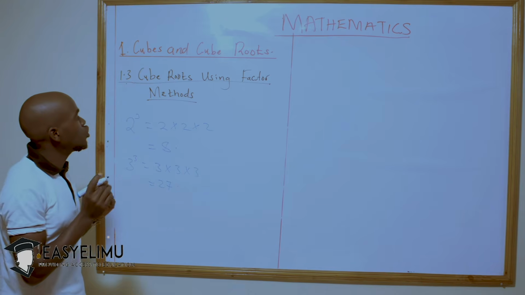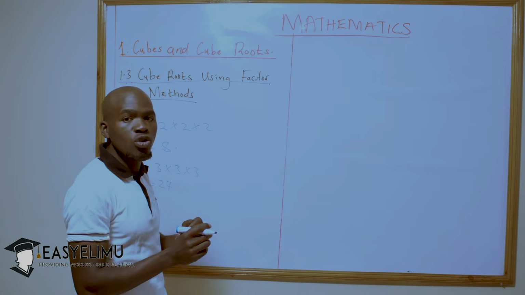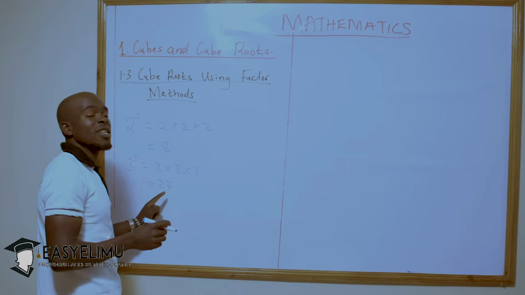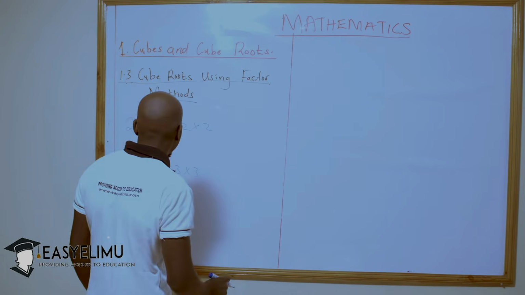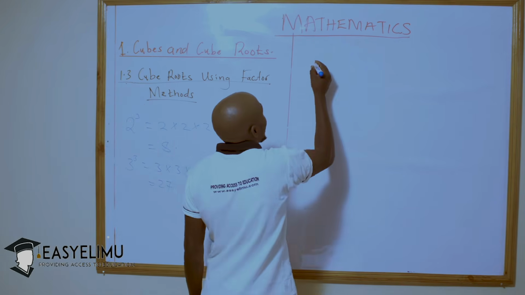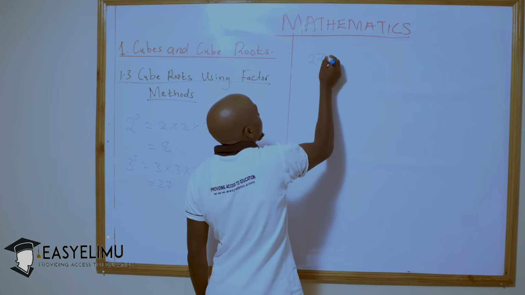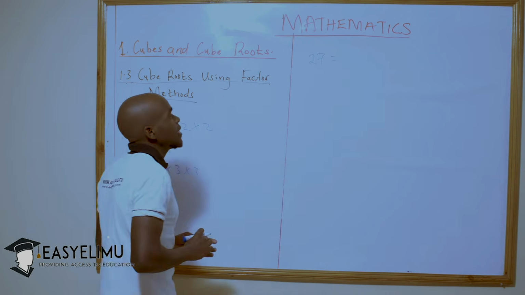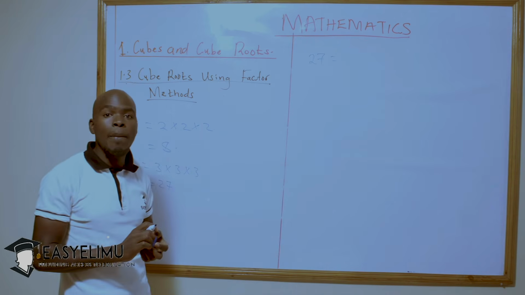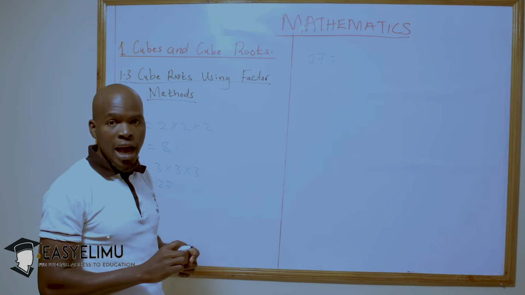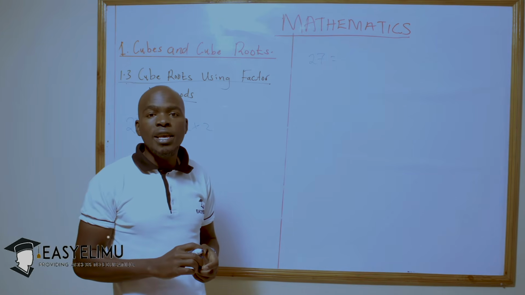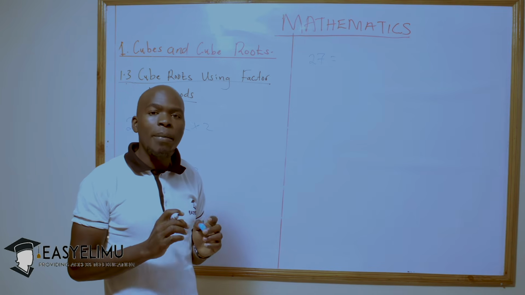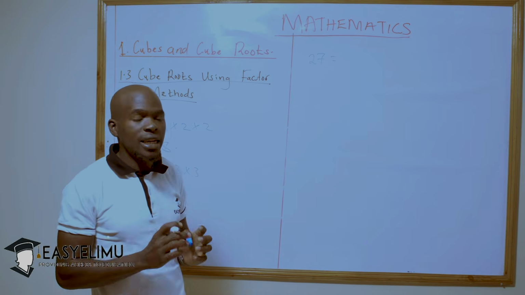But now we are going to see how we can find the cube root of that number. For example, if it is 27, using the factor method. First I shall select 27, and we can see that this 27 can be written in multiples of 3. Remember, we said a cube of a given number is that number multiplied by itself 3 times.